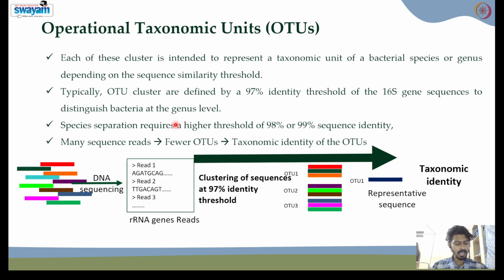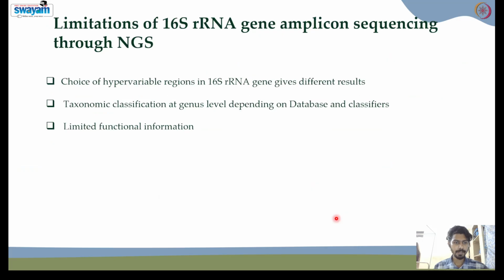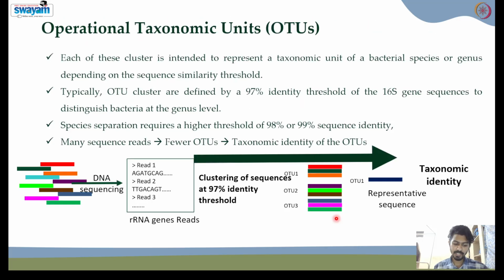And how it works: first you have the DNA sequences and you compare each DNA sequence with each other. If two sequences have more than 97% identity, then you can group them together and each group will serve as one OTU. So the main important factor here is clustering them and putting them in an appropriate bucket so that it will be much easier for our taxonomic identification, because studying each one is very difficult.